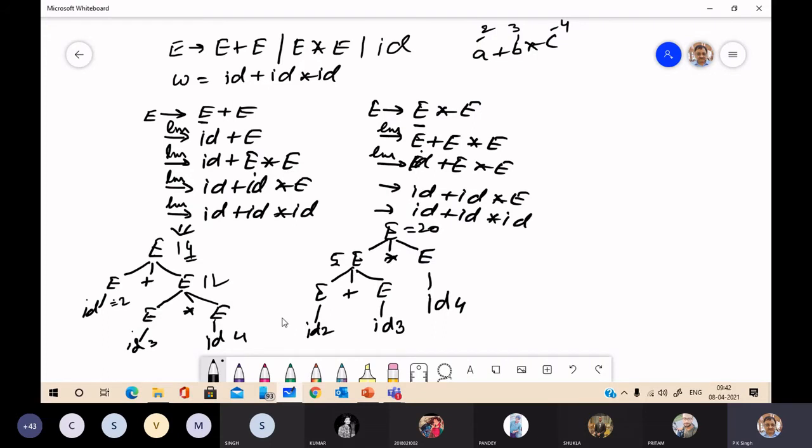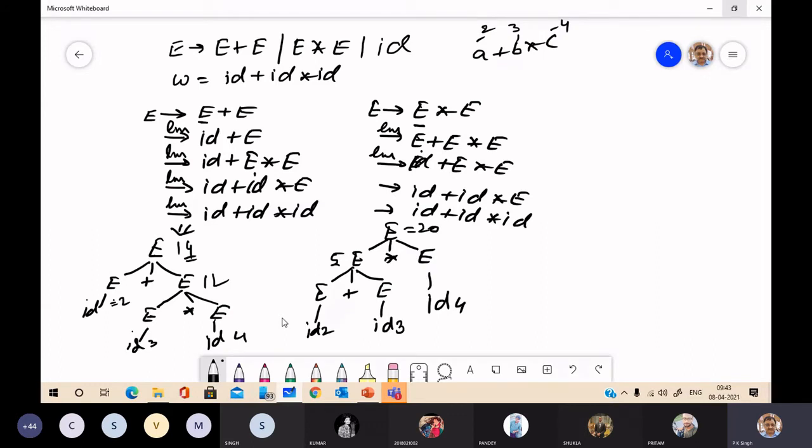So we have to remove this ambiguity, because for any expression you must have a single value. So how will your parser generate the correct syntactic structure? For generation of correct syntax, if you see, multiplication has precedence over addition.